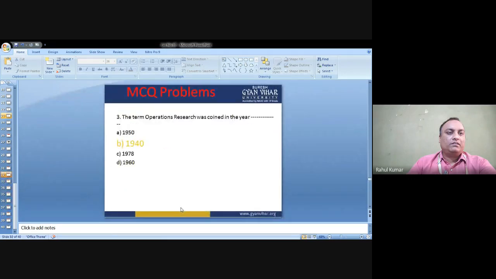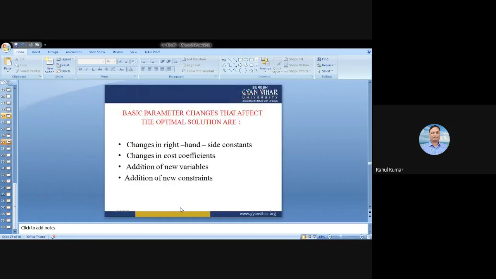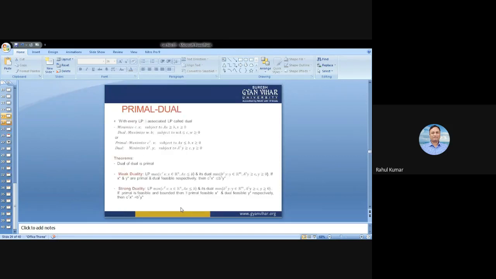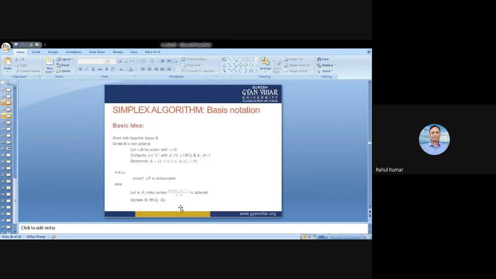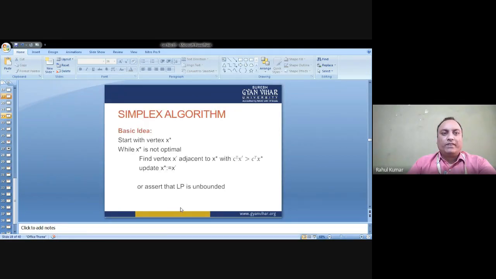Okay, except for this, here I am completing unit number one, and some portion is missing here. This is the simplex algorithm, and this gives the basic idea.